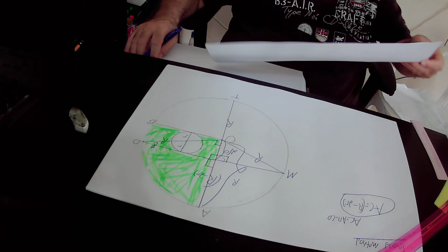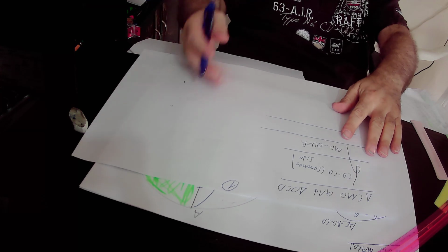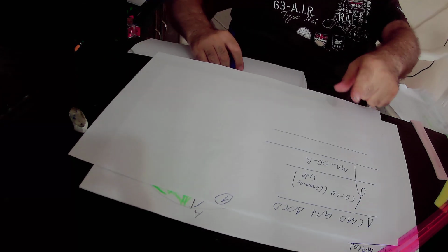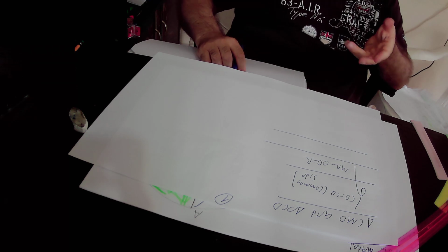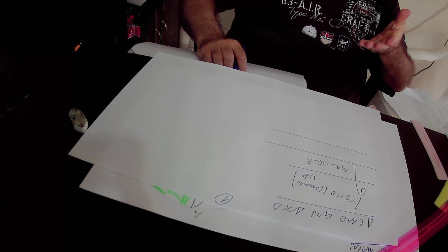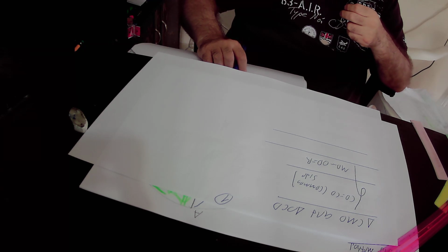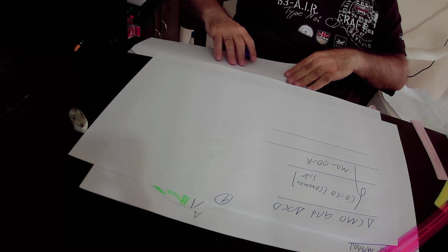So actually, by proving that the hypotenuse and one perpendicular of those two right triangles can go into each other, we actually proved that the two right triangles can go into each other. I'll explain why.